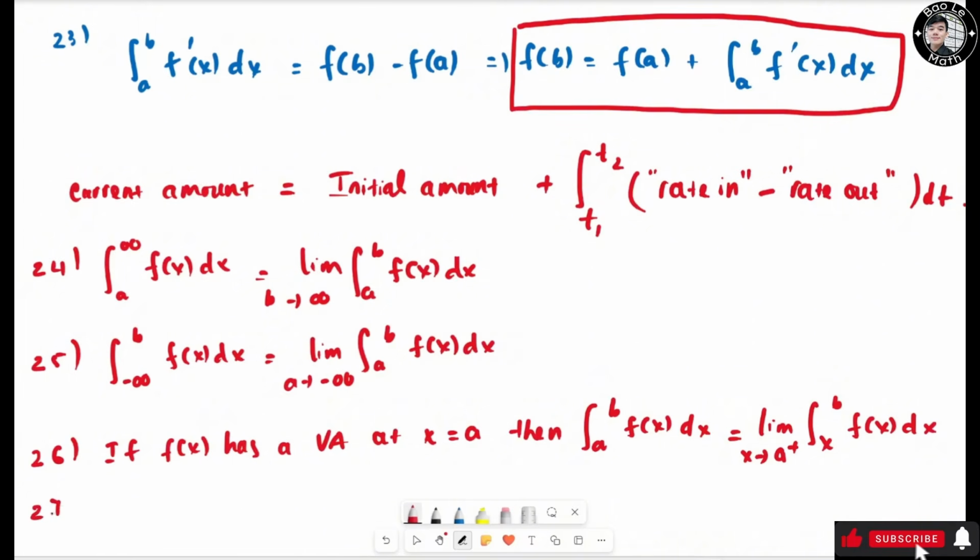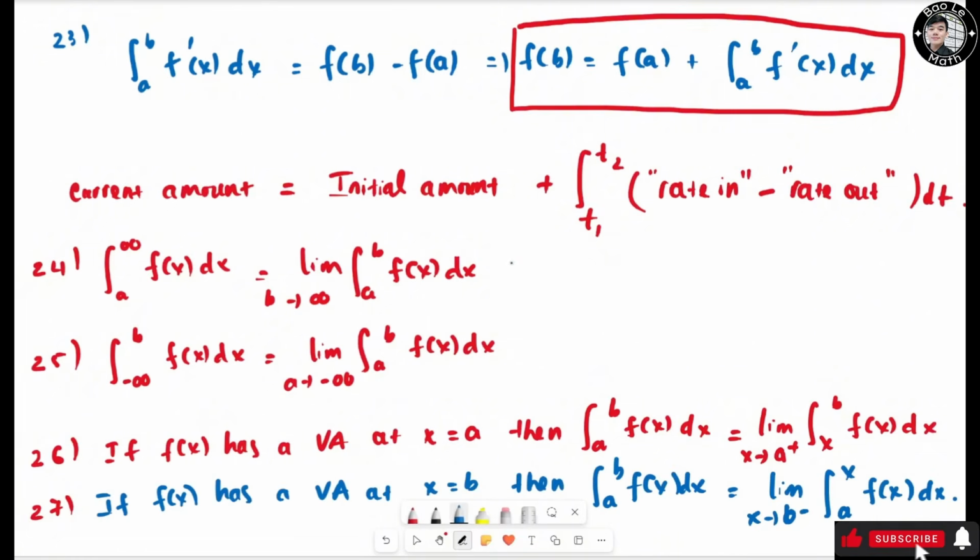Number 27. If the function has the vertical asymptote s equals b, then the integral from a to b of f of s ds equals the limit of the integral from a to s of f of s ds when s approaches b minus.